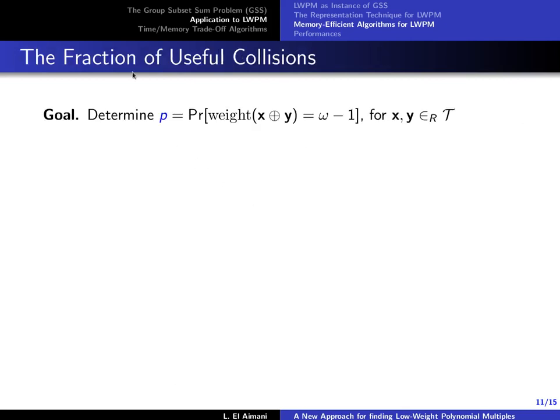To estimate the fraction of useful collisions, we need to study the probability law of this random variable, meaning the weight of x plus y, where x and y are drawn uniformly at random from the set T. Remember that a useful collision is a collision that satisfies this weight condition. Therefore, our previous algorithm is bifurcated into two algorithms, algorithm 1 and algorithm 2.